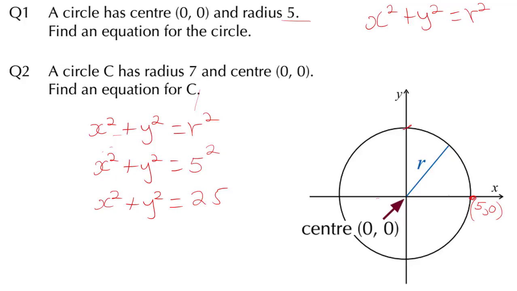The other one here could be, because the radius is 5, this is also going to be 5 there because that is the end of the circumference. So x is going to be 0 because it's on the y-axis, but y is going to be 5. So that's the next coordinate. What about this one here? The length of this is going to be 5 again, but you see x is negative 5. So that's going to be negative 5. y is going to be 0 because it's on the x-axis. Okay.